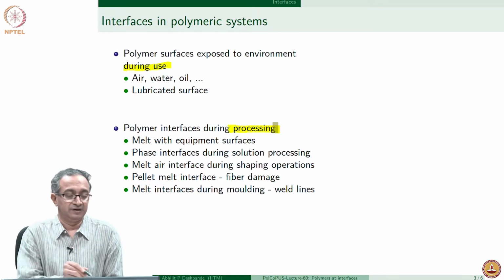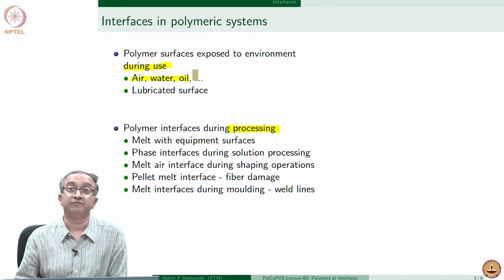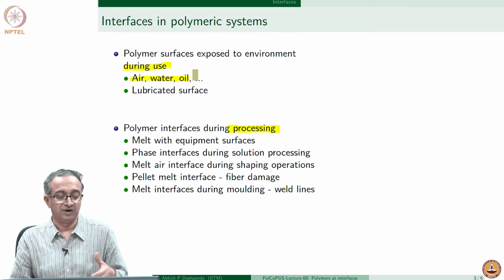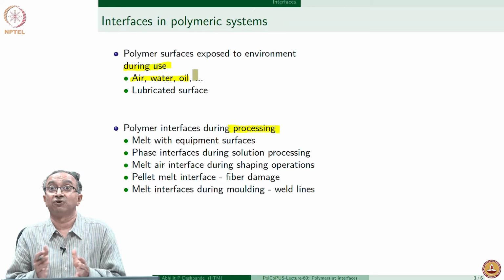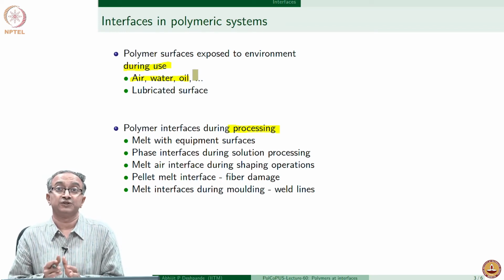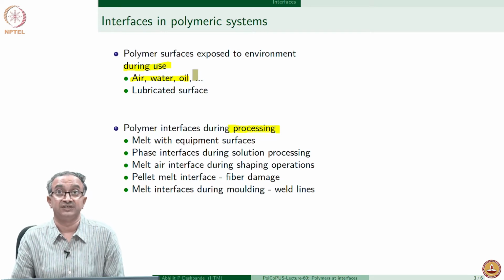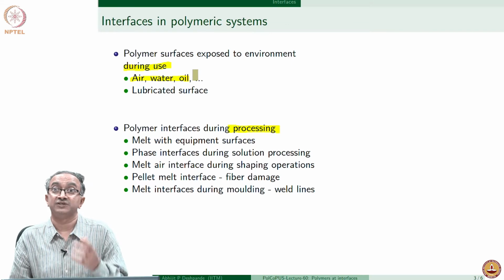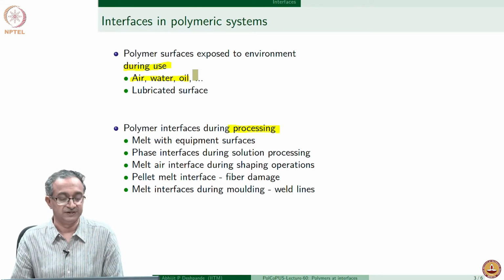So, for example, it could be exposed to different types of phases depending on what the service is. If it is an oil storage application, then of course, there is an oil polymer interface, and many exchanges of small molecules may happen at this interface. And we say, therefore, we will have to worry about what is the status of macromolecules at the interface.